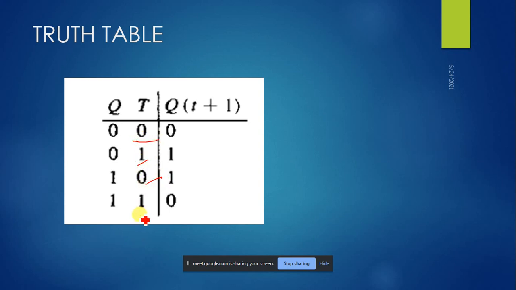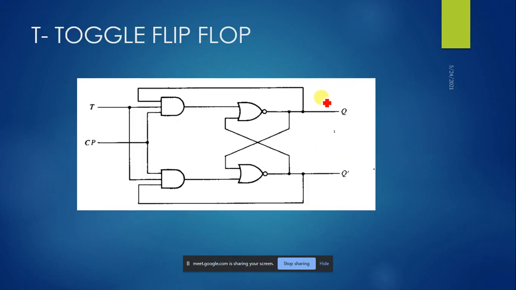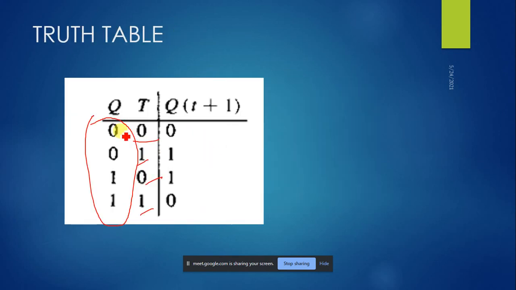Q is the possible output state which is fed to the input, hence it is also considered an input, where t plus 1 is the next possible state. With the inputs 0 0 we get 0, 0 1 we get 1, 1 0 we also get 1, and 1 1 we get 0.